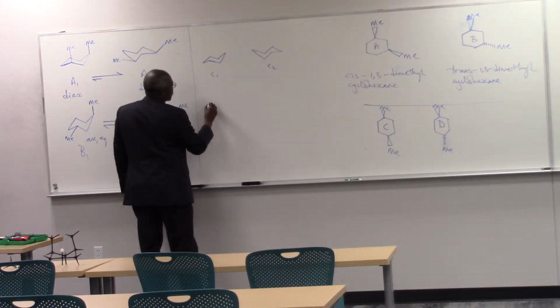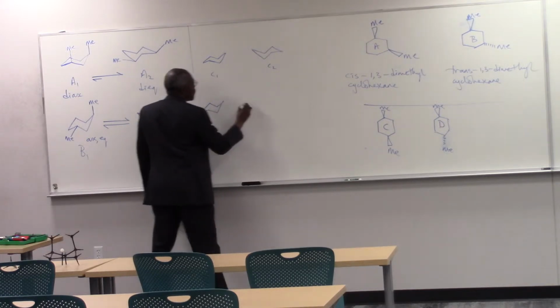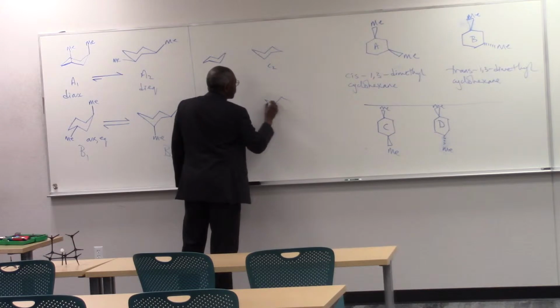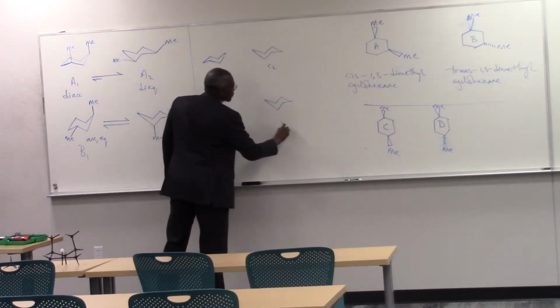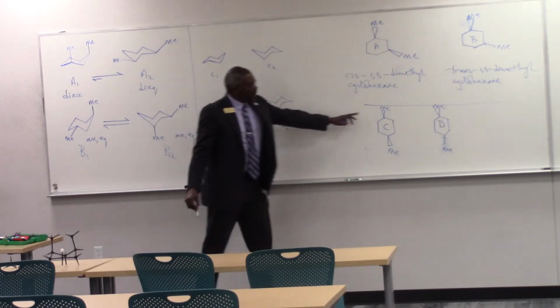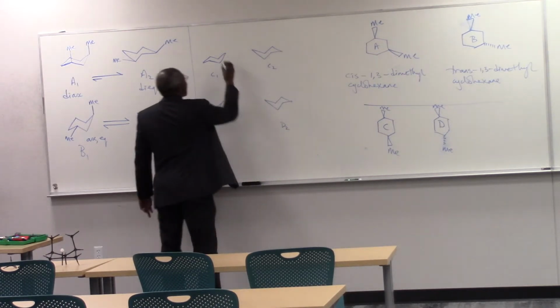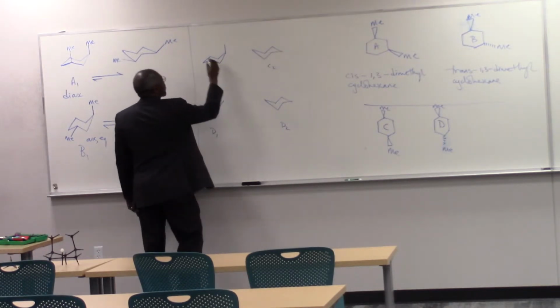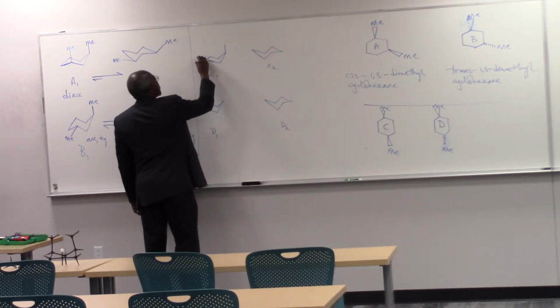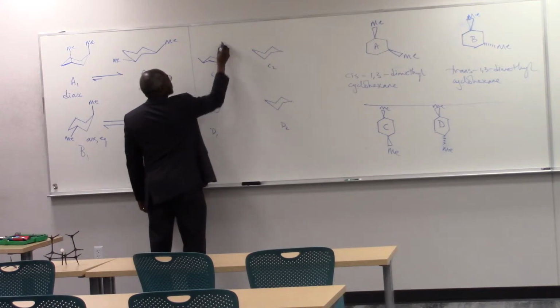And then I'll draw D1 and D2. The cis, I happen to like to start here. Cis means they're the same side, so for carbon number 4, I'm going to be here. So that's my axial.